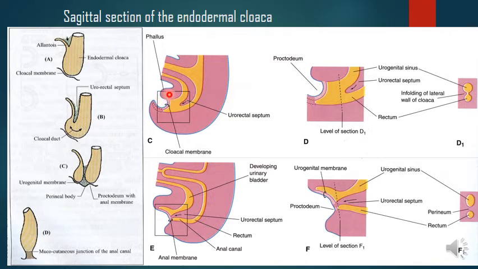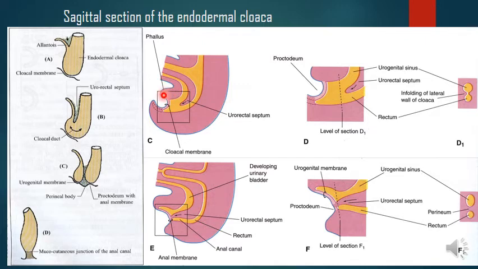The mesodermal cells within this area proliferate and extend in between the umbilical cord and the cloacal membrane, and they form the infraumbilical part of the anterior abdominal wall.